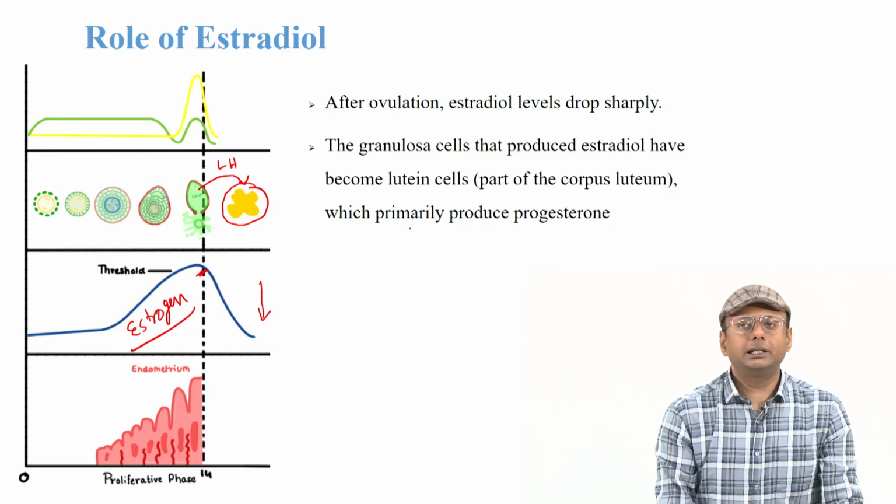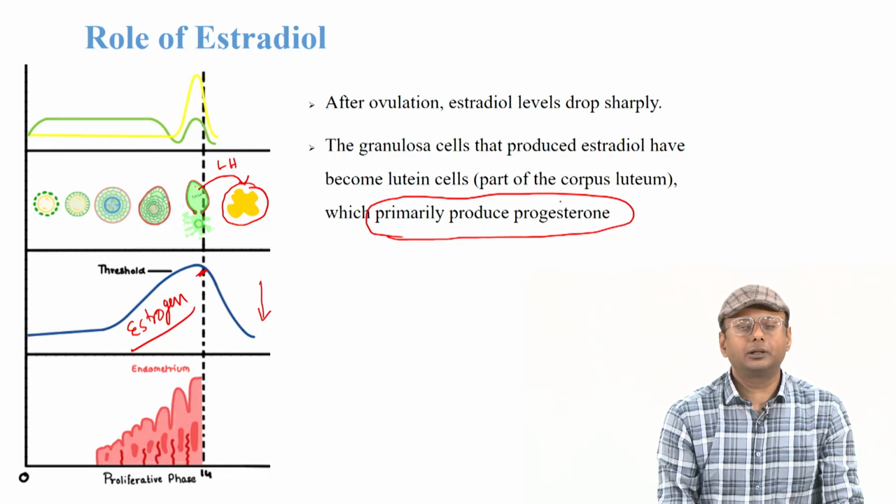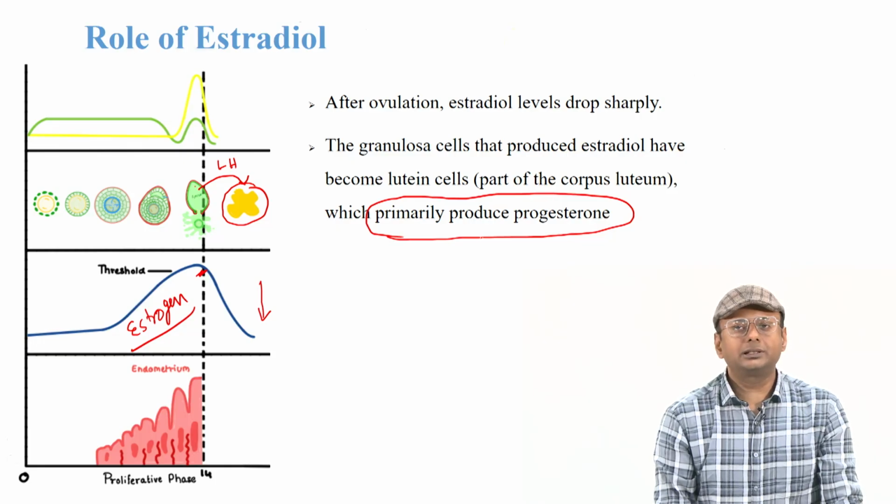The corpus luteum primarily produces, in the early stage, the progesterone hormone. And why is progesterone so important?